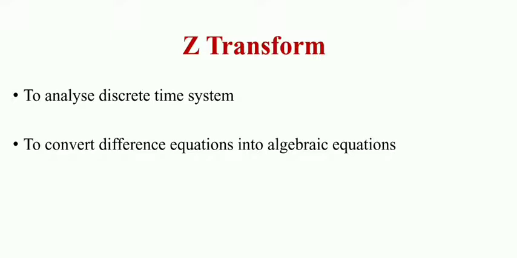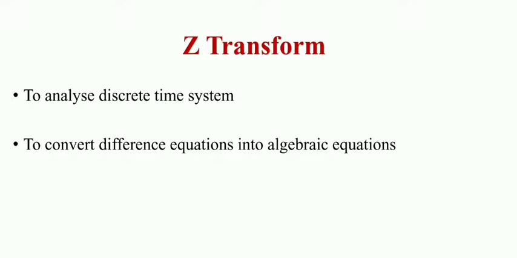The second use of Z transform is that it is used to convert difference equations into algebraic equations. Any discrete time system can be described in terms of difference equations. If you want to analyze that system, we have to analyze this difference equation, but it is very difficult to solve a difference equation.